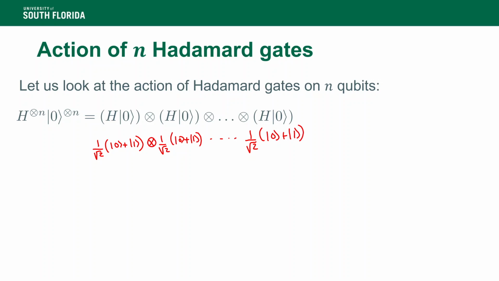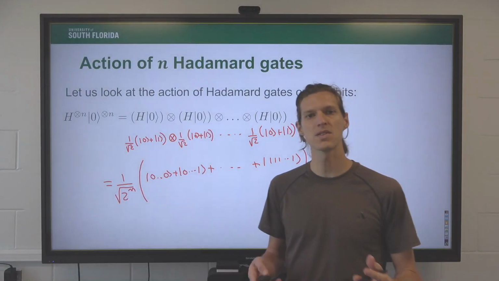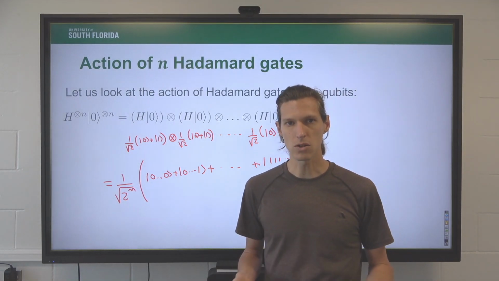And now if you expand this, what you get is 1 over square root 2 to the n. You can kick all those square root 2's out of the tensor product. And then you have |0000> plus |0001>, plus, you can verify the calculation, until you have all the ones. So you have here the uniform superposition over all the possible measurements on n qubits.